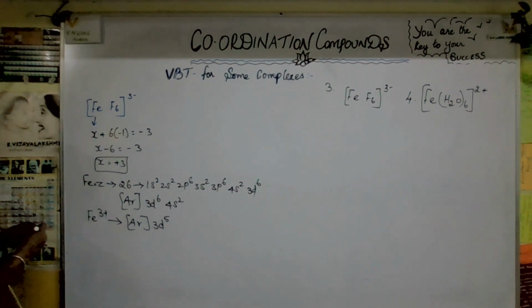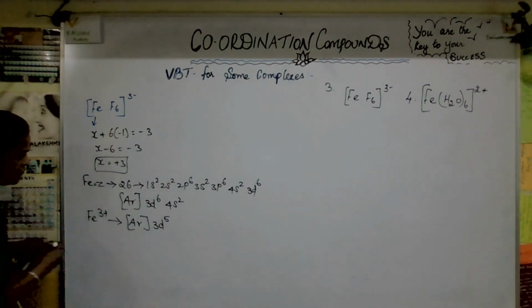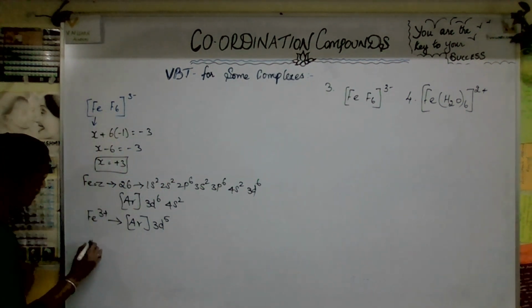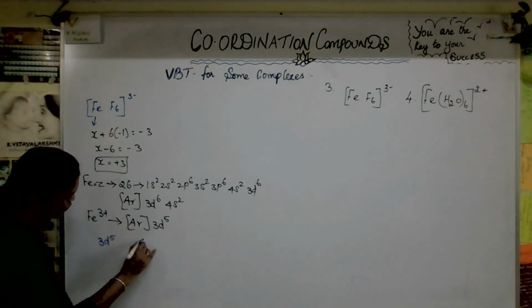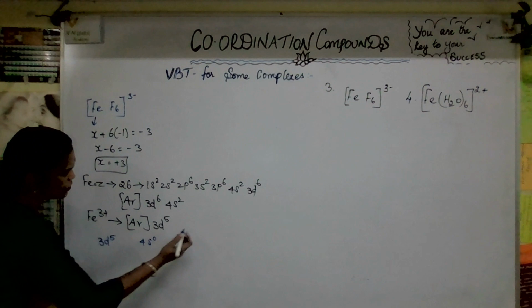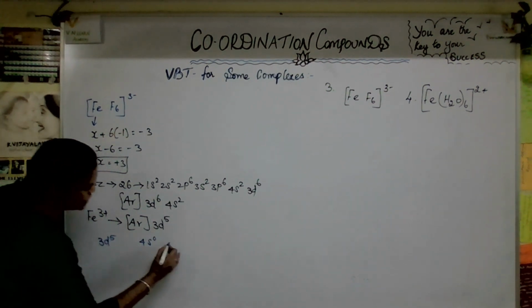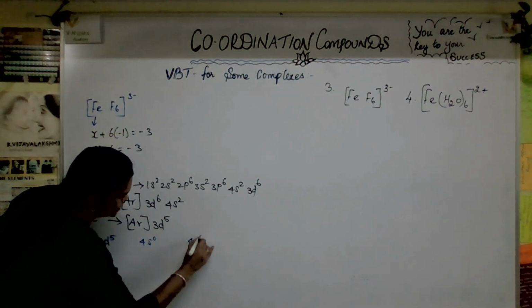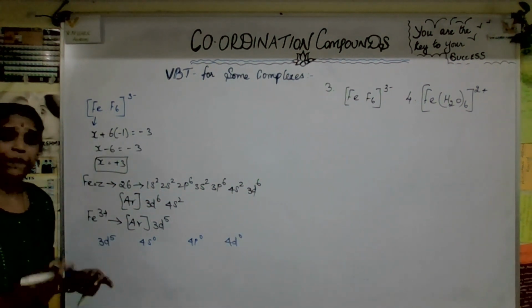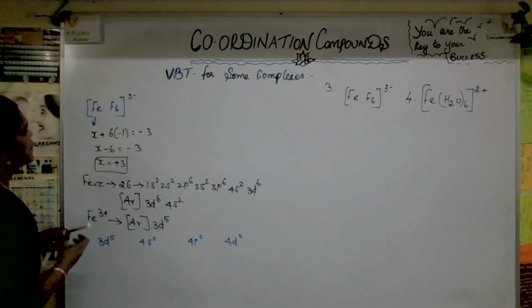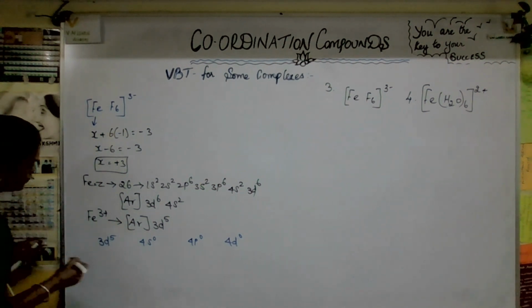Now let us draw the electronic configuration to fill the ligand. Here 3d5, 4s0, 4p0 and 4d0. You have to prepare the empty orbitals to fill the electrons of the ligand for that central metal ion.